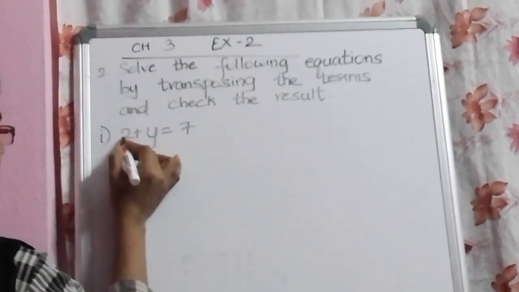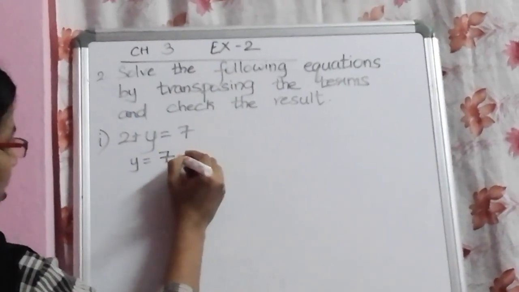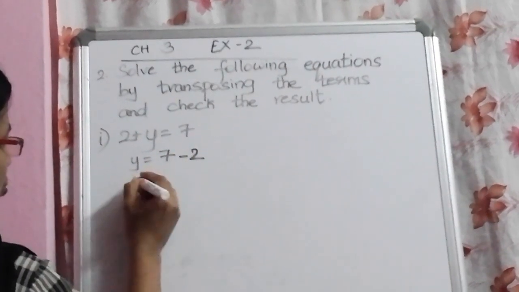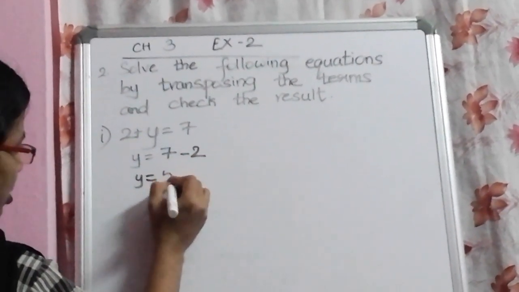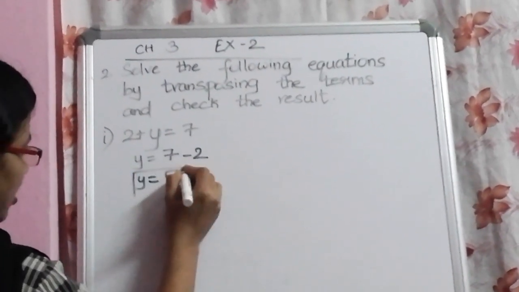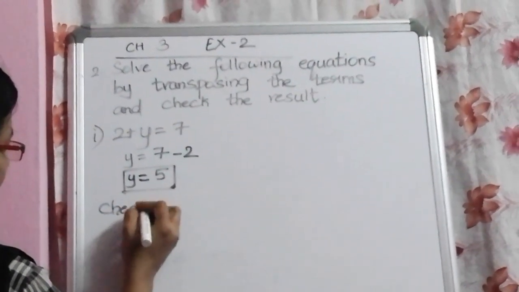Now if I take this plus 2 to the other side, plus becomes minus. So it is minus 2. So the value of y is 7 minus 2, which is 5. You got the answer as y is equal to 5. Now you need to check.